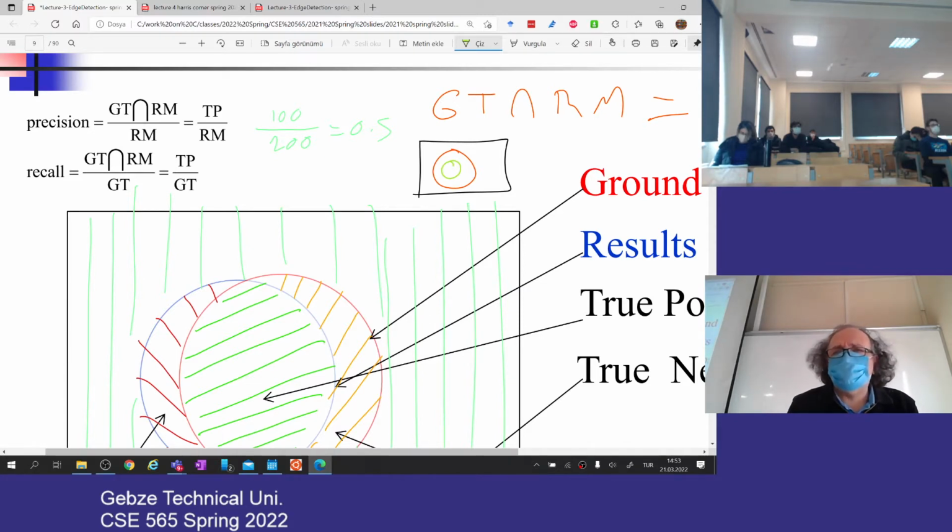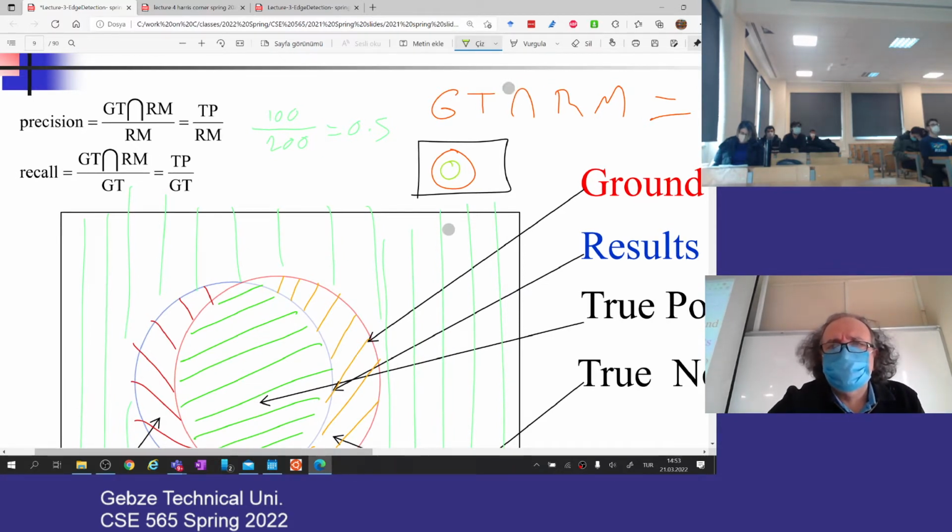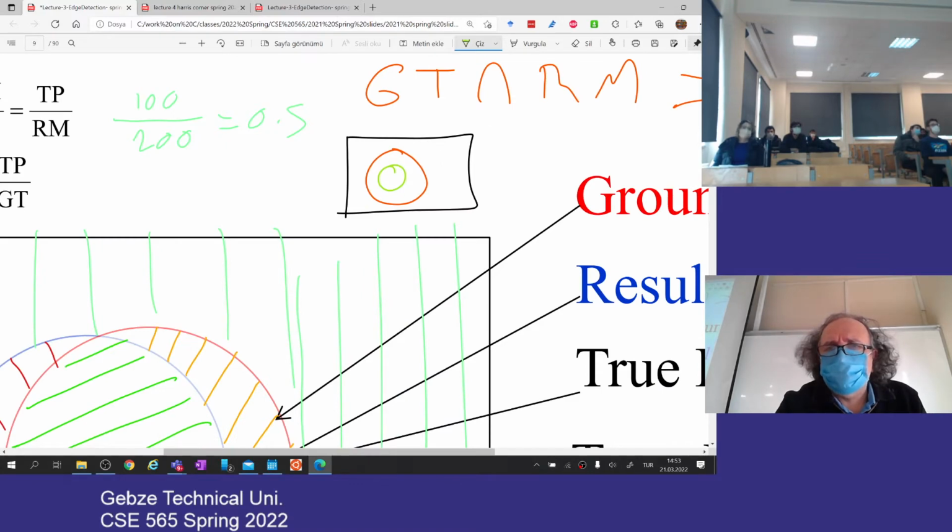What is my precision for this case? My precision is going to be 1.0. Why? Because true positives over result of our method will be 1.0. Whenever I say there is an edge, it is an edge actually, right? But how about my recall?